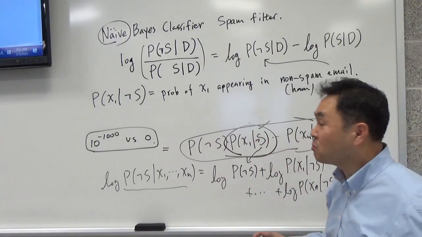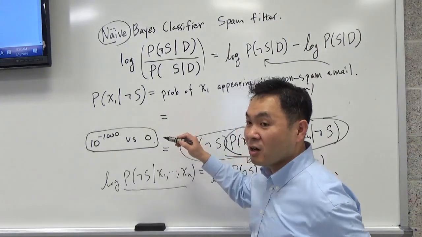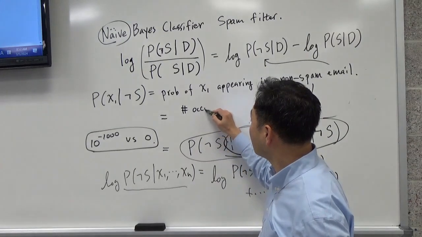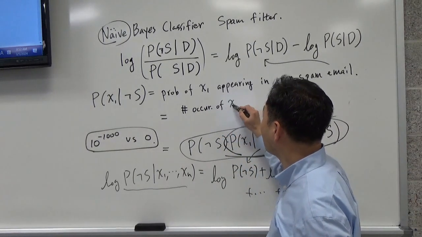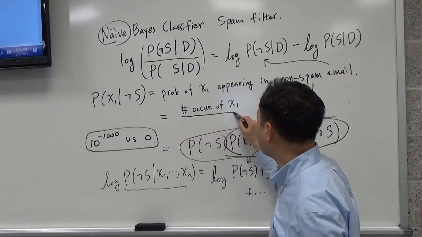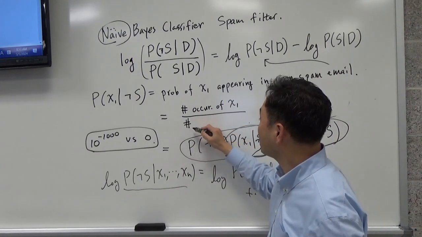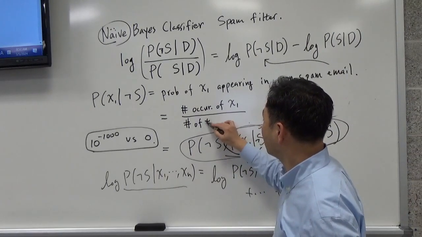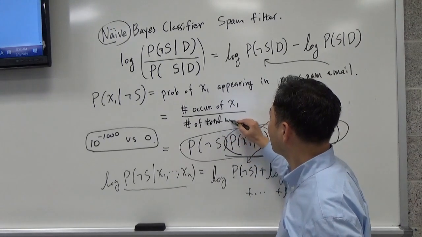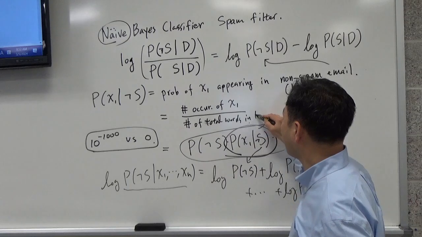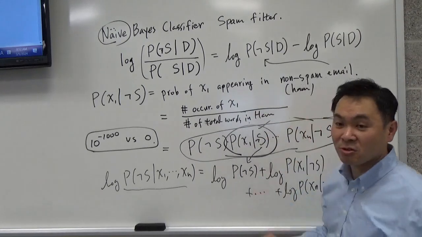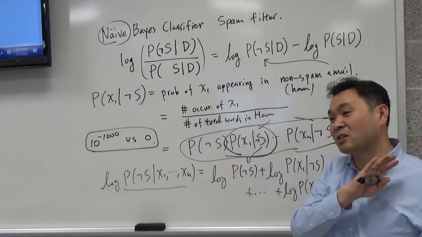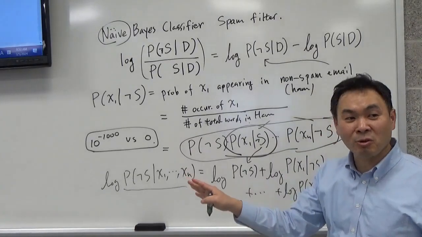So the way you are going to compute it is just count all the number of occurrences of x1, divided by the total number of words in ham. That's what we're going to do. Okay? And when we do this, we're not thinking of infinitely many emails going around the world.